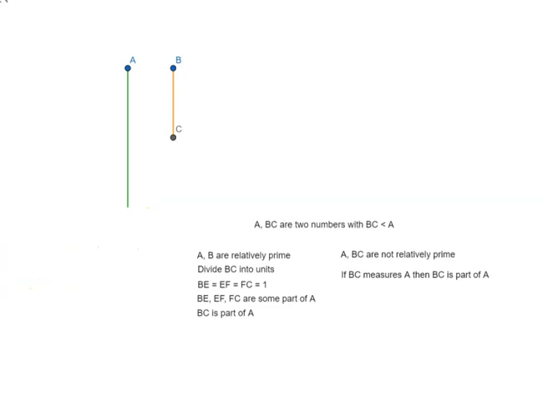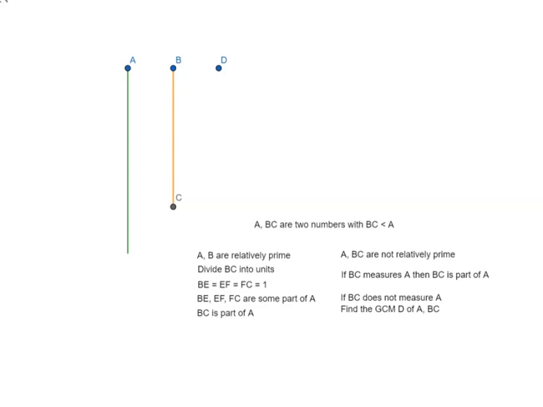The next situation is if the two numbers are not relatively prime and BC does not measure A. In such a case, we find the GCM D of A and BC.